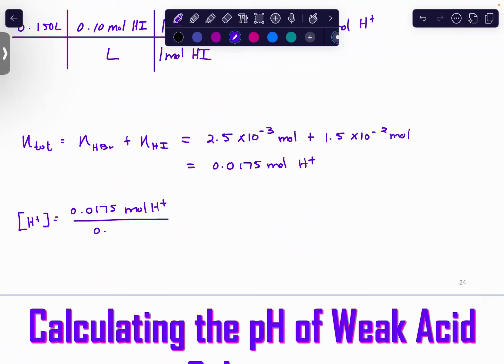Over 0.2 liters, that's going to give 0.088 molar solution in our protons.